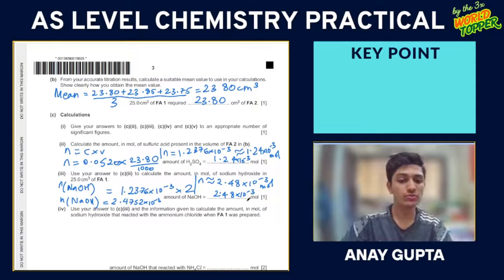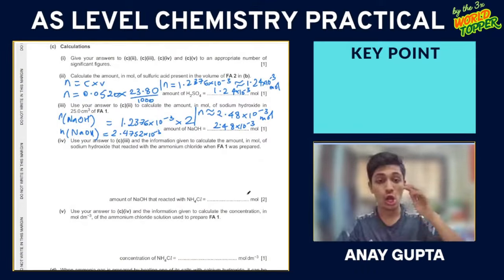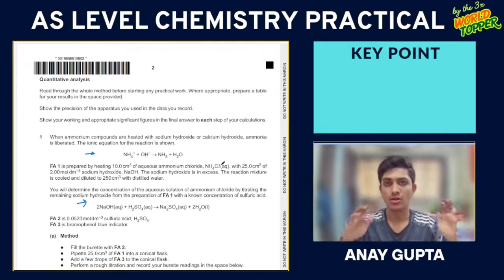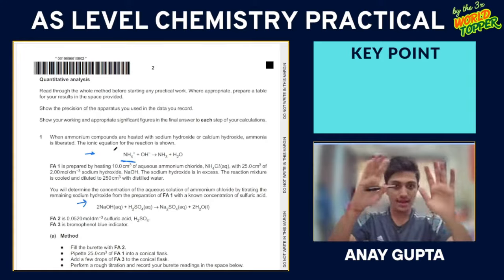Next question. Use your answer to C3 and the information given to calculate the amount in moles of sodium hydroxide that reacted with the ammonium chloride when Fa1 was prepared. So we have been asked to find out how many moles of NaOH are reacting with the NH4 plus. Okay, so initially we have, let's say, X amount of moles.